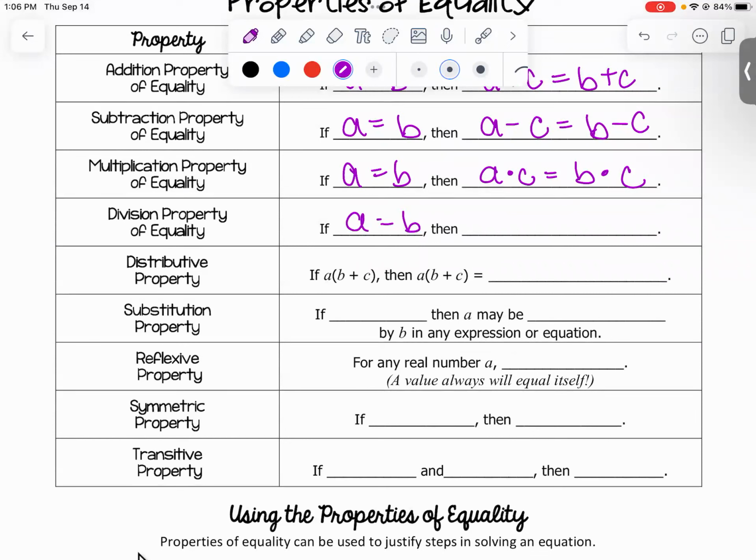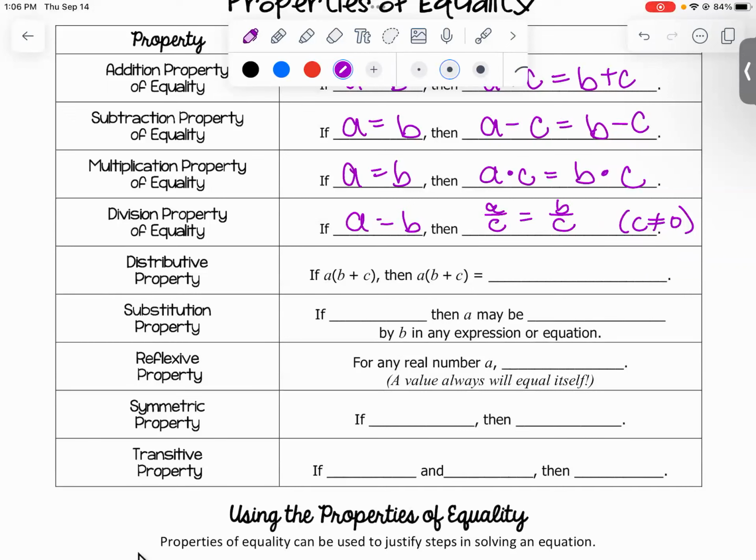If A equals B, then A divided by C equals B divided by C, as long as C does not equal 0. Well, we can't divide by 0.